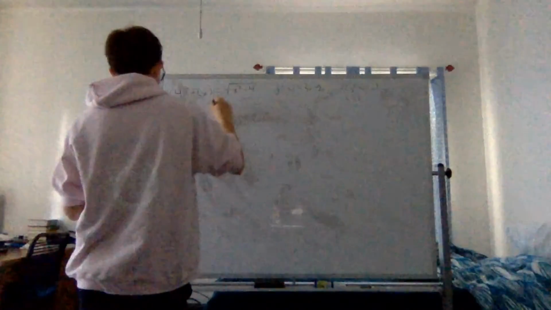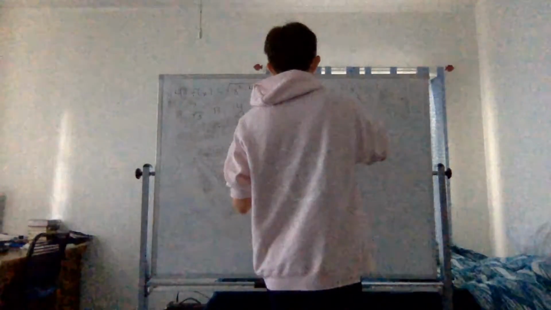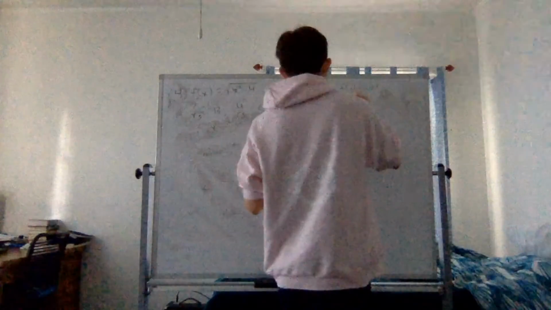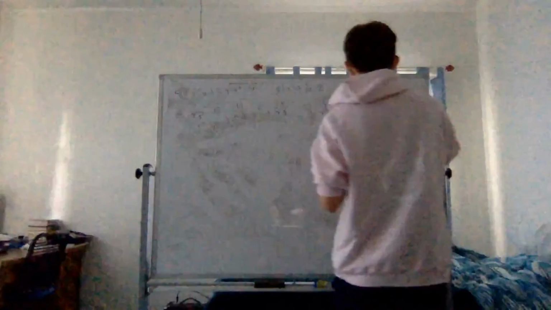So we have A, 7 over rad 5, B, 14 over rad 5, C, 18 over rad 5, D, 15 over rad 21, and then E, 30 over rad 21, right?